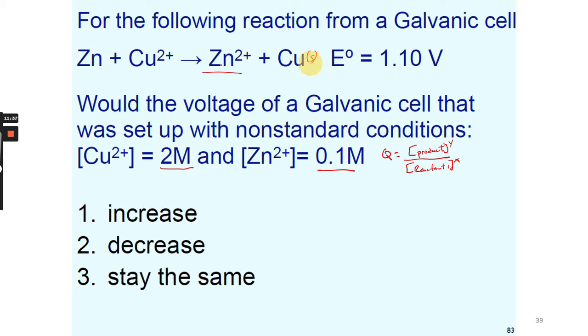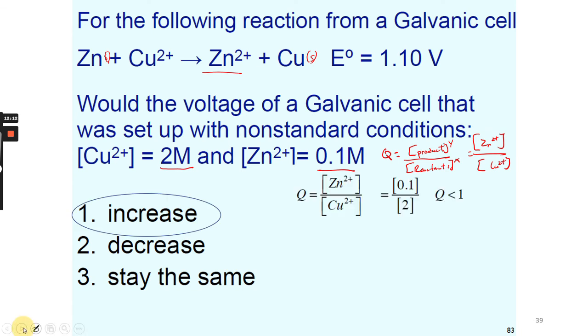Remember, solids don't go in Q. So Q is equal to the concentration of your zinc, and there's just 1, divided by the concentration of your copper. So you have a number that is less than 1. The log of a number less than 1 gives you a negative number, and then you're subtracting it, so you're going to end up with an increase.